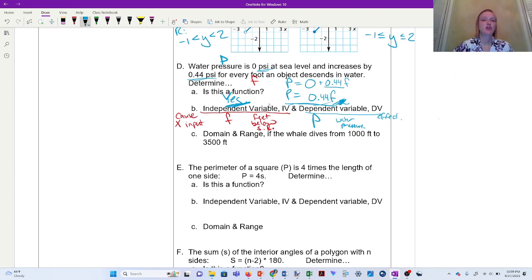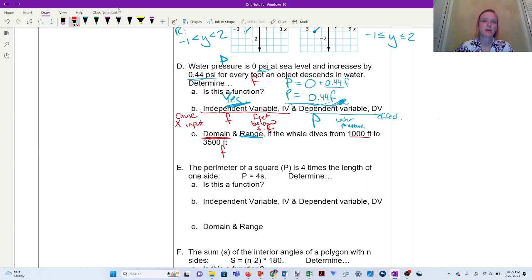When I ask about domain and range, remember domain has to do with the independent variable and range has to do with the dependent variable. So I'll still kind of color code this. The domain, the set of inputs I can use. I want to know what range of values I can use for f.